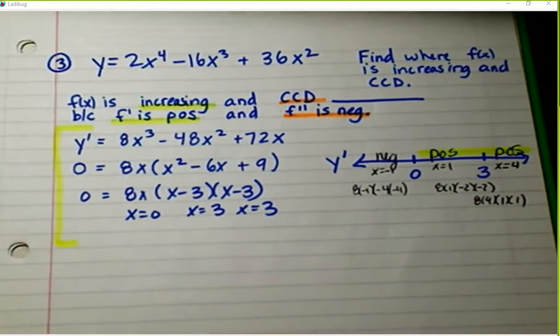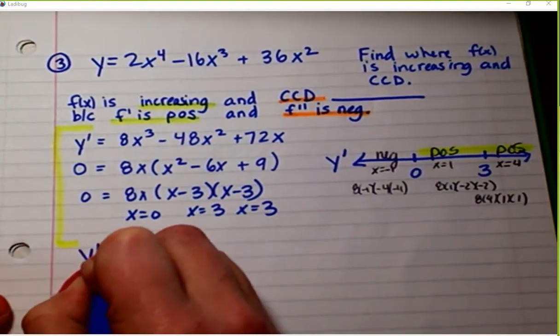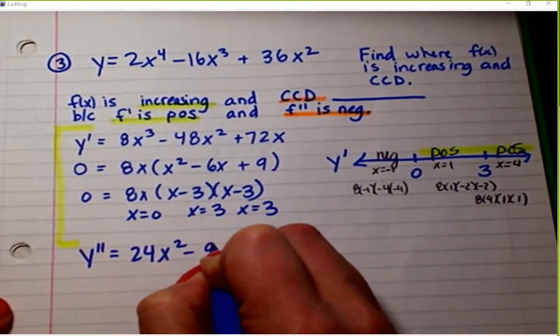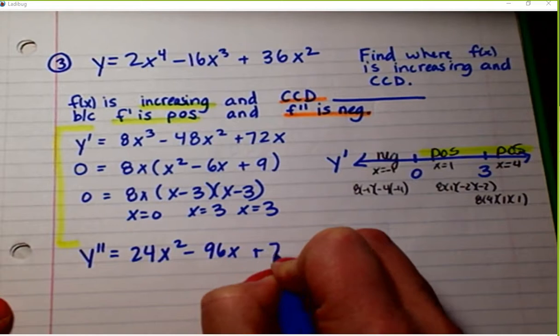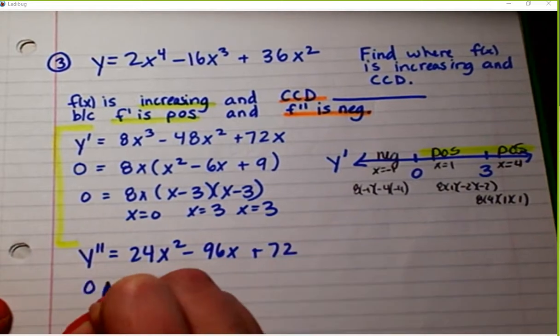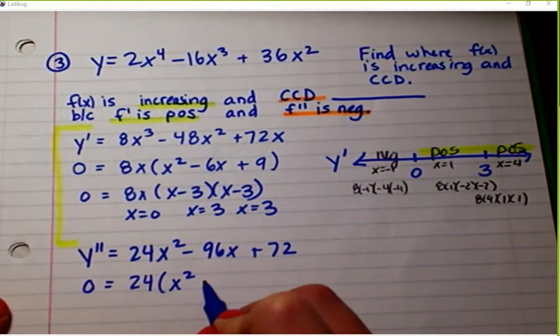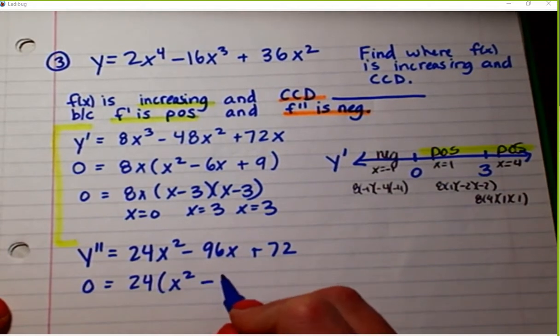I now have to do the orange. Means second derivative. So here we go. Second derivative. X squared minus 96x plus 72. I know the number looks big, but I'm pretty sure that 24 factors out.